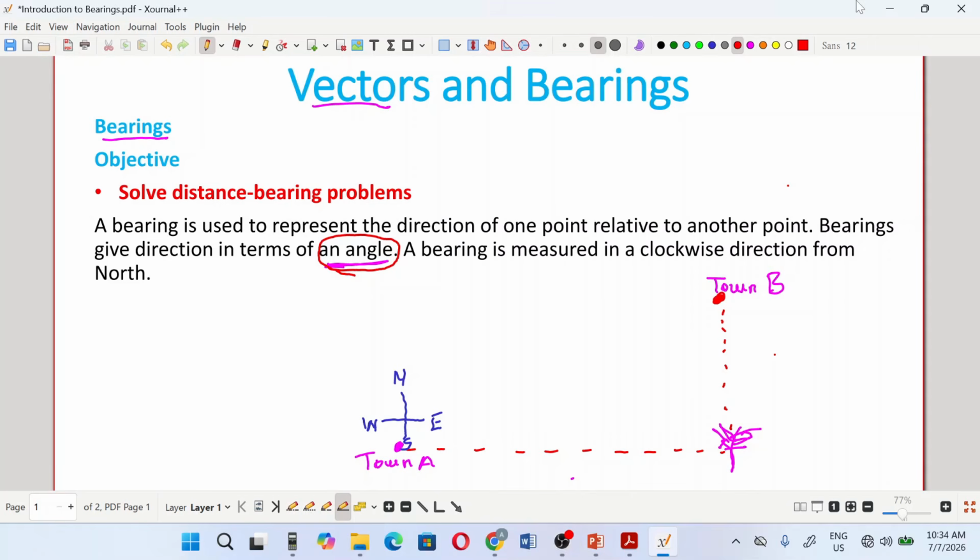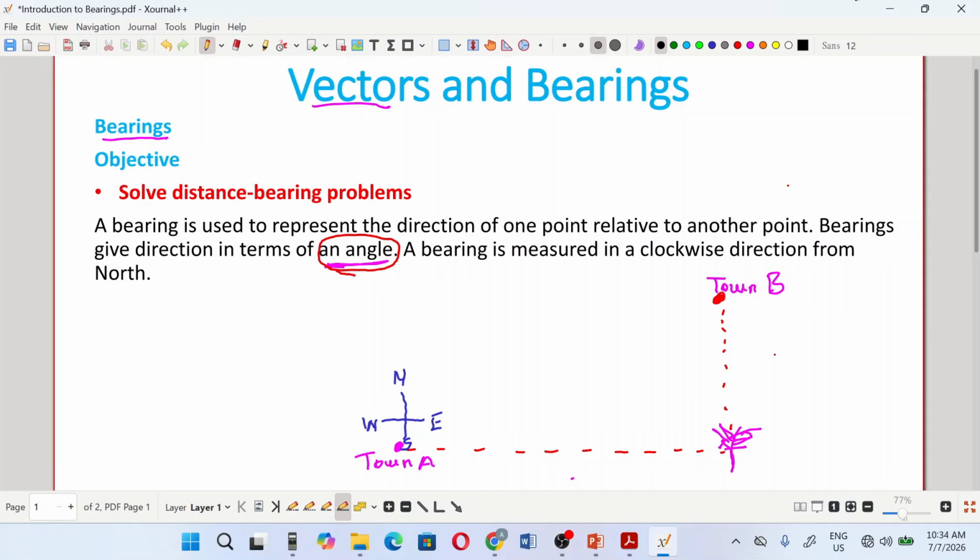Normally you give the direction with reference to the geographical north. A bearing is measured in a clockwise direction, meaning you always make reference to the geographical north and turn clockwise. You go around.